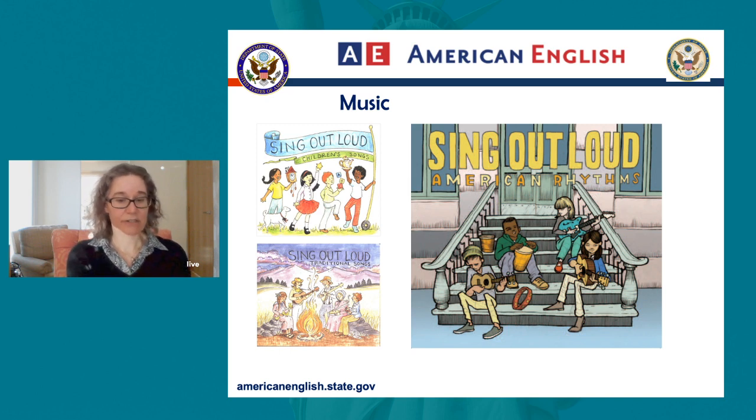For teenagers and older, we've got this Sing Out Loud American Rhythms. So again, if you want to look these up later at americanenglish.state.gov, then you want to look up Sing Out Loud, and then either children's songs, traditional songs, or American rhythms.